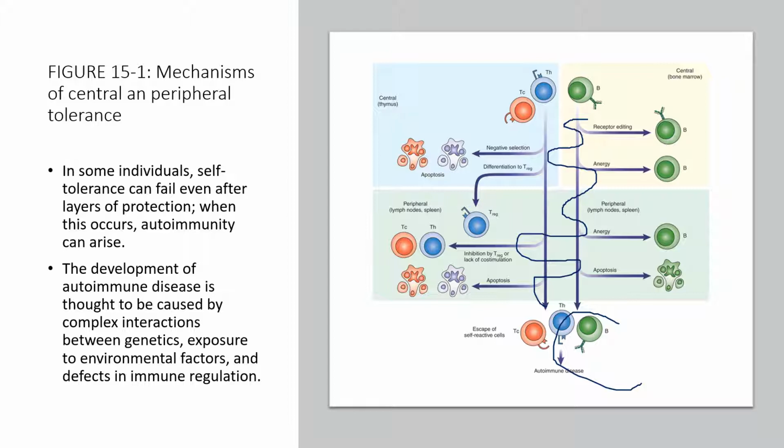And how that happens is not really perfectly known, but it does seem to run in some families, and it is associated with exposure to certain environmental toxins and such.